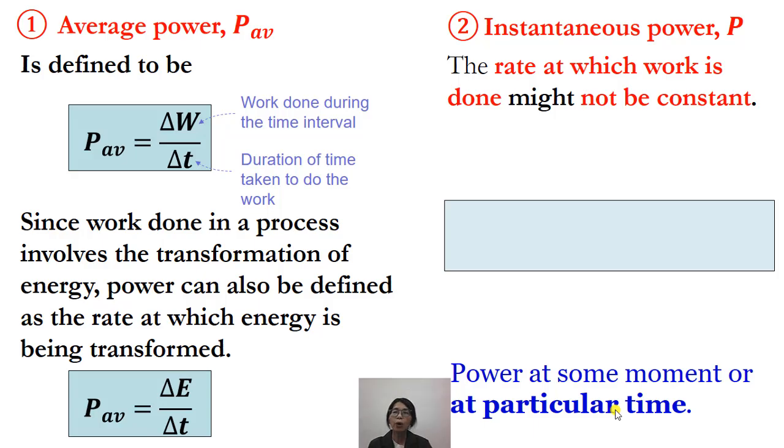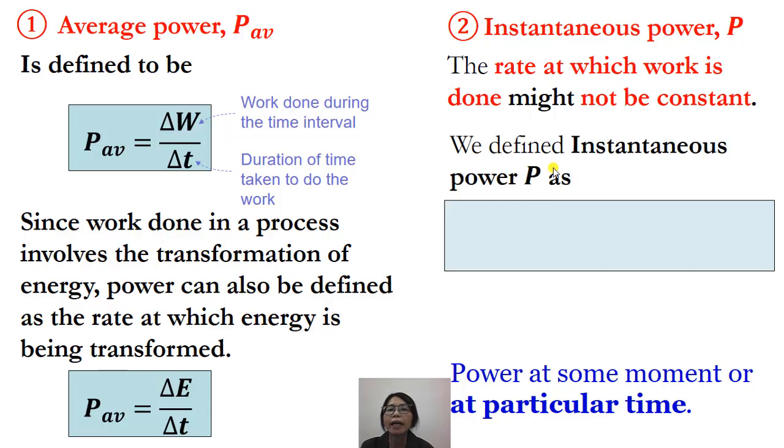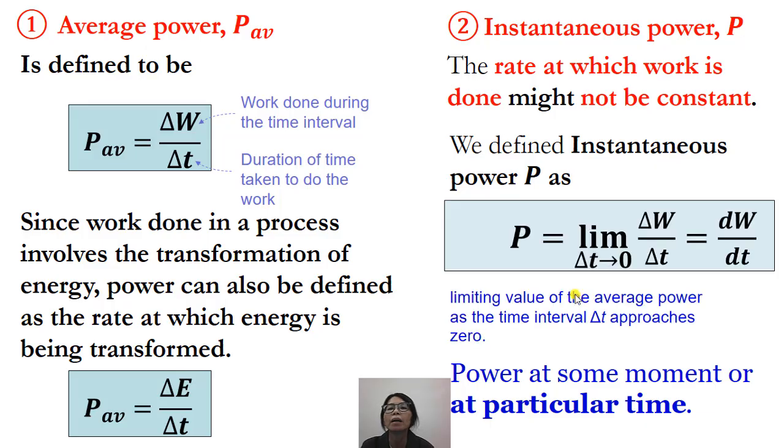That one we call instantaneous power, the power at a particular time or particular velocity. So how do we define instantaneous power? P will be the limiting value of average power as the time interval delta t approaches 0, or in the easiest way, instantaneous power will be the time rate of doing work, dW over dt.